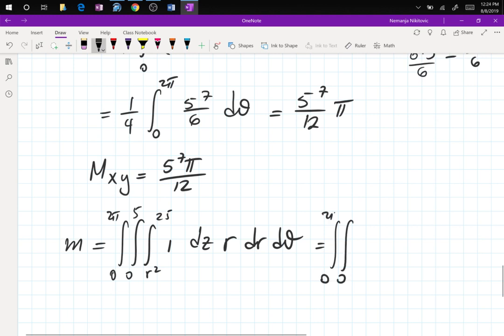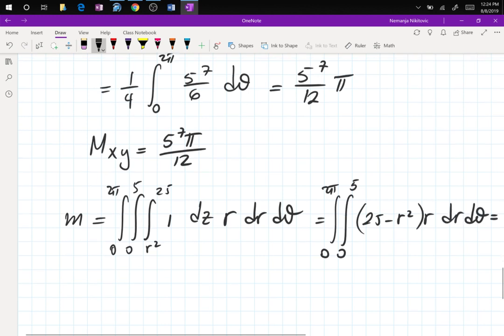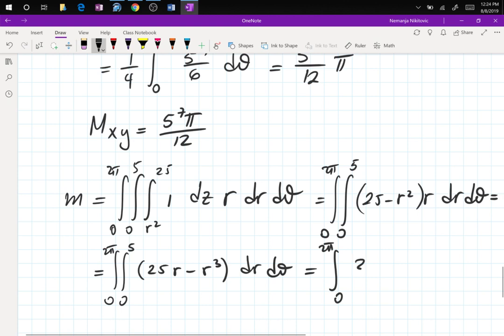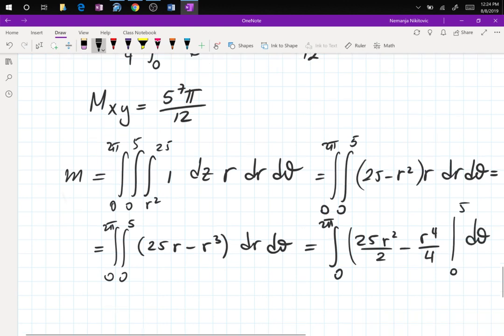Integral 0 to 2 pi and 0 to 5, z, that's going to be 25 minus r squared times r dr d theta, that's 25r minus r cubed, dr d theta. Now integrate r, 25 r squared over 2 minus r to the 4 over 4 from 0 to 5 d theta.